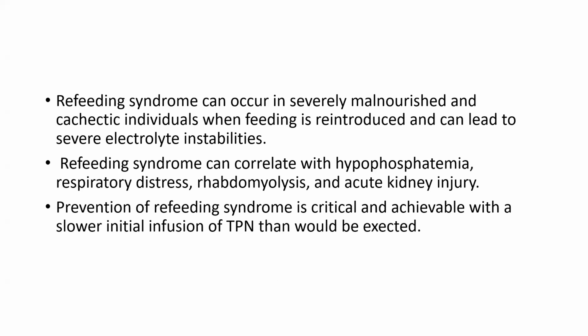Refeeding syndrome can correlate with hypophosphatemia, respiratory distress, rhabdomyolysis, and acute kidney injury. The prevention of refeeding syndrome is critical and achievable with a slower initial infusion of TPN than would be expected.